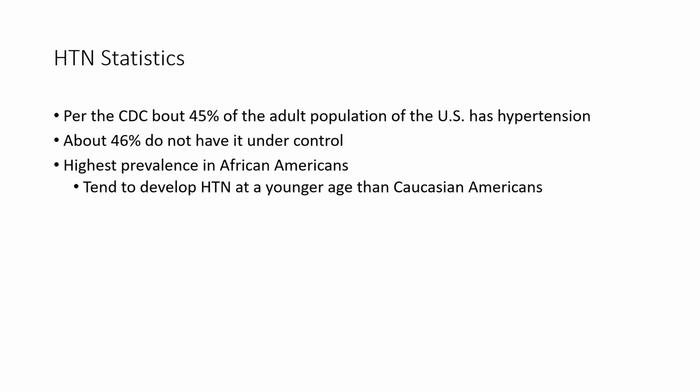So hypertension prevalence does increase with age, and it varies by ethnicity and gender. It is highest among African Americans, who often develop it at younger ages than Caucasians. Additionally, hypertension control rates are better in women, older adults, and those with higher socioeconomic status.